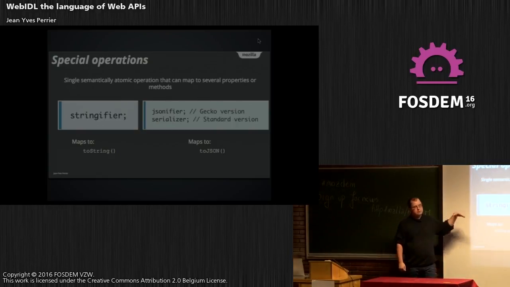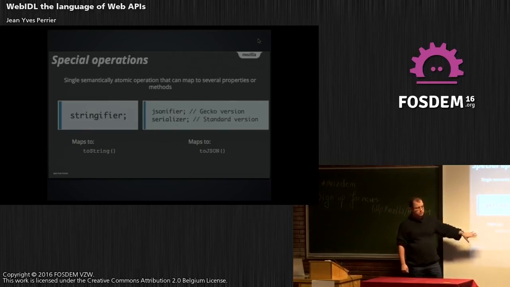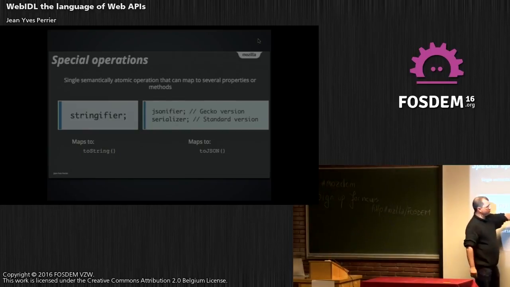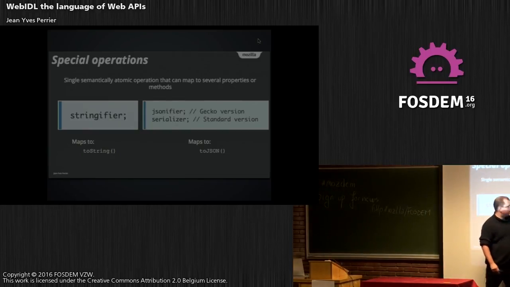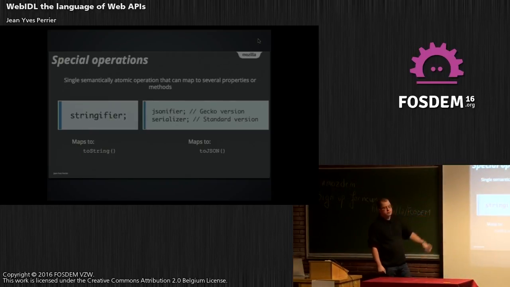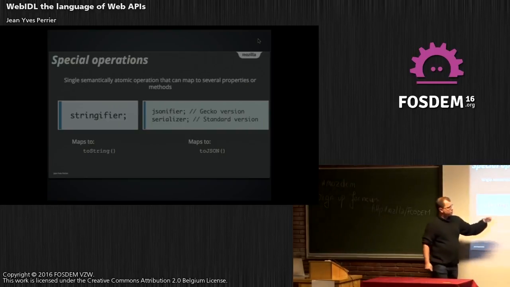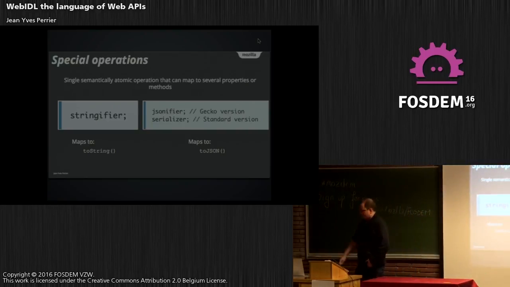This is done because if you bind to another language, maybe there will be a different feature than a toString. Similarly, if you want to serialize and have a toJSON, you call it serializer. Gecko has an old version of it, called jsonifier, when it was first proposed. Then, of course, the name was changed because it was a bit too close to what is produced and not to the semantic.